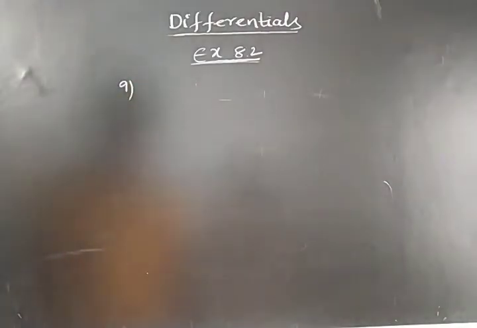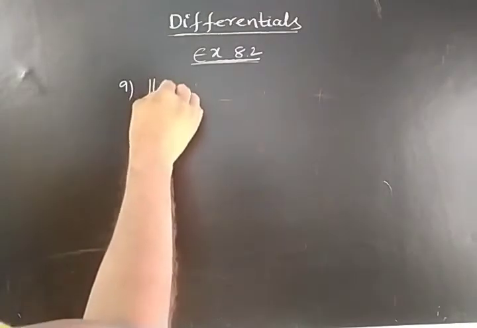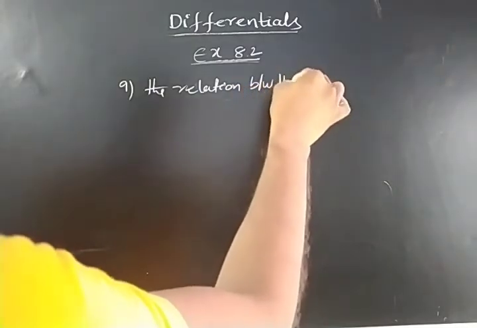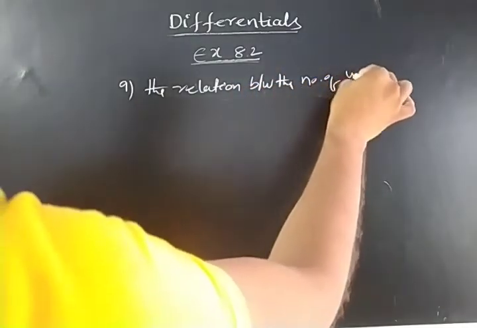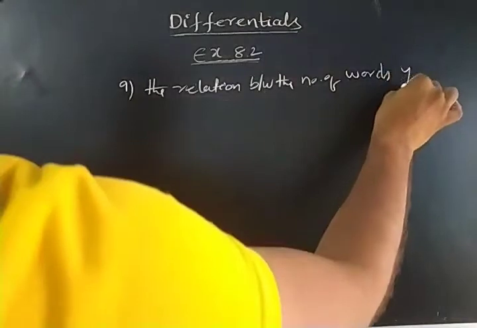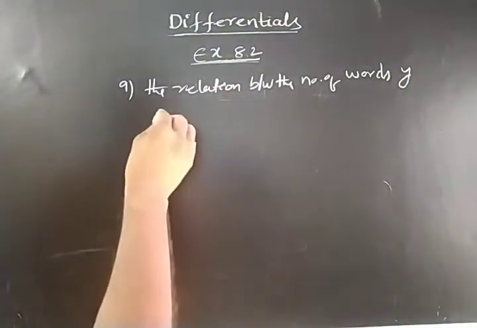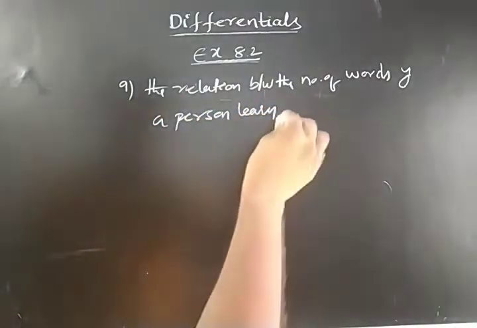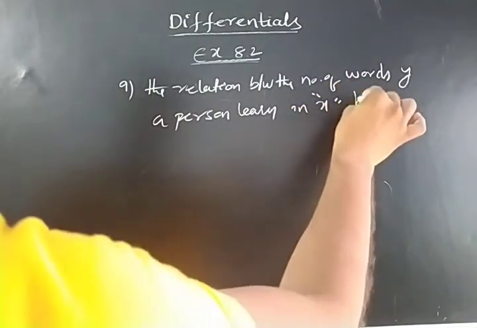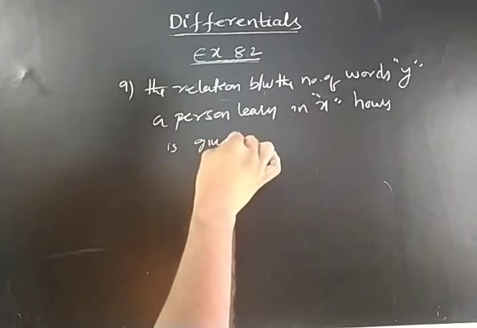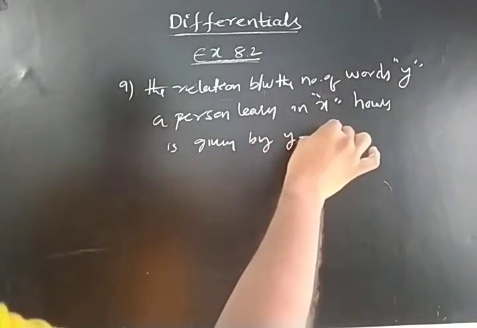The relation between the number of words y a person can learn in x hours, where y indicates number of words and x indicates number of hours, is given by y equal to 52 root x.